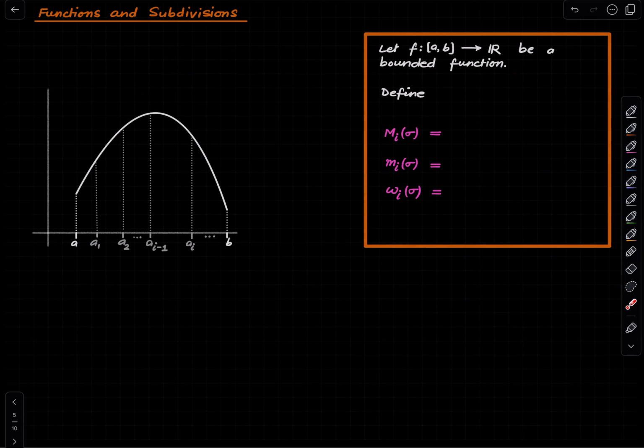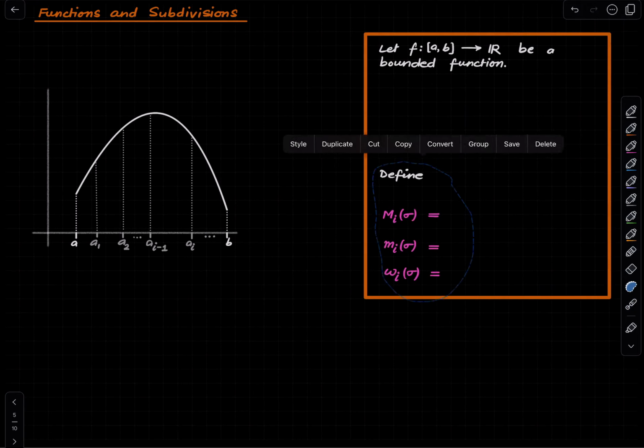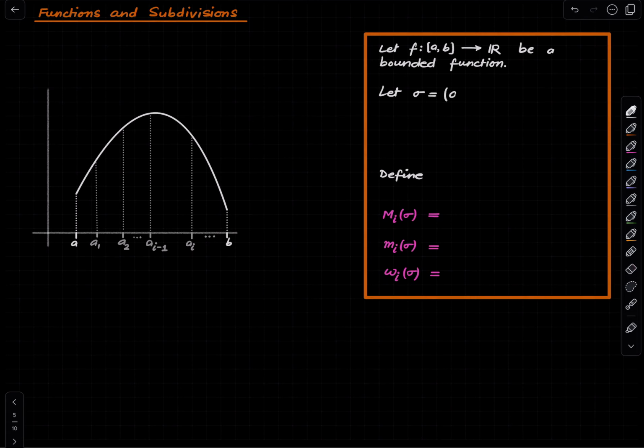Okay, great. We define three numbers that we associate to every i. What is i? So here first, I should have written that there is a subdivision with respect to which we are having the discussion. So fix a subdivision sigma of the closed interval.